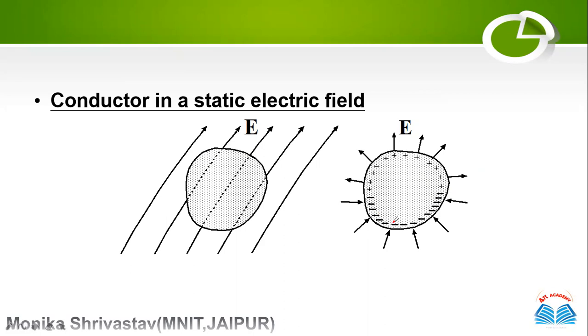Some positive charges are accumulated on one side, whereas some negative charges are accumulated on the other side, and hence the conductor is now polarized. One side has all positive charge and one side has all negative charge. This phenomenon happens when we put a conductor in a static electric field.